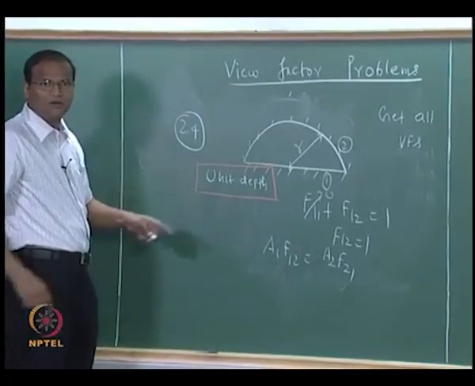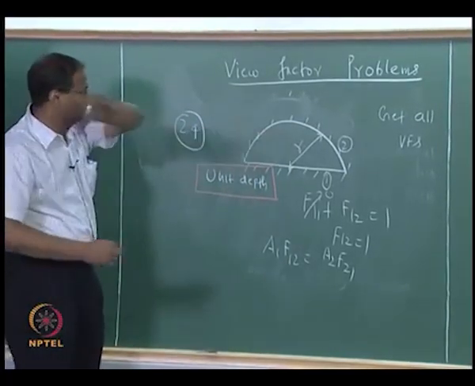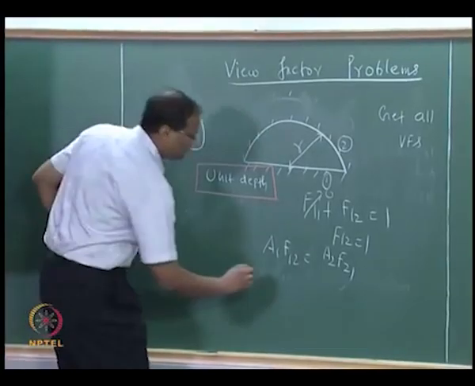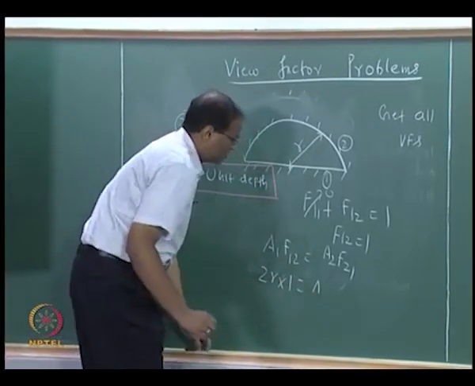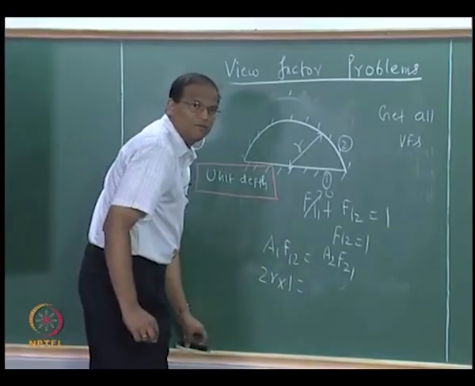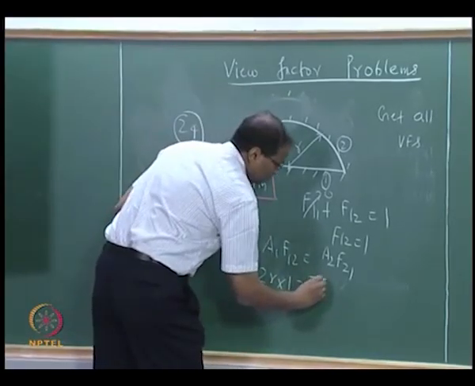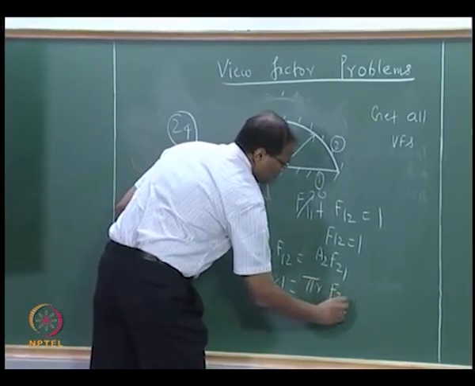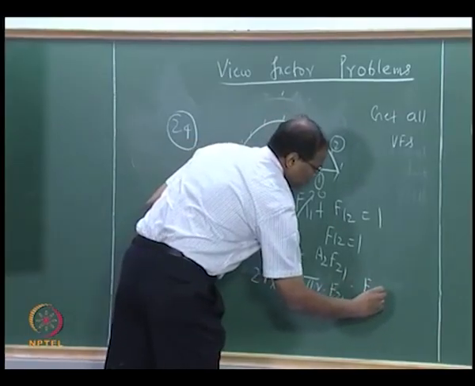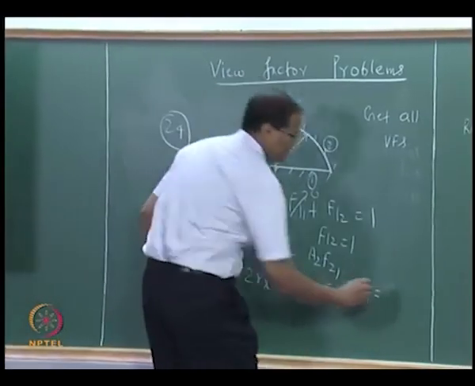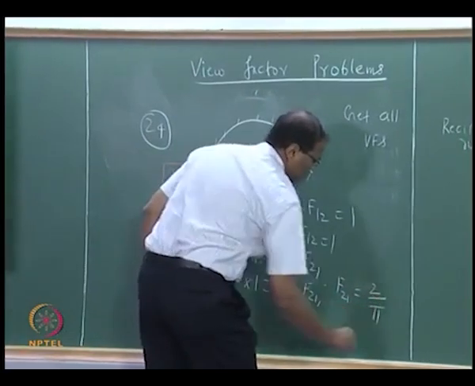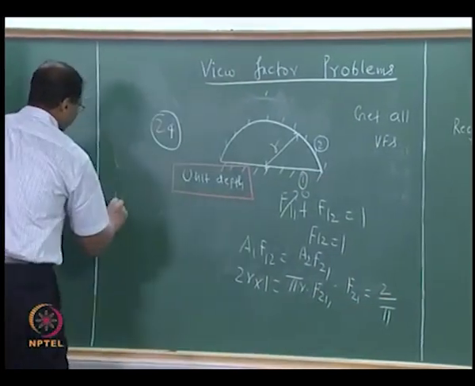Unit depth, so 2r. What is this? Pi r, correct. Two by pi r.